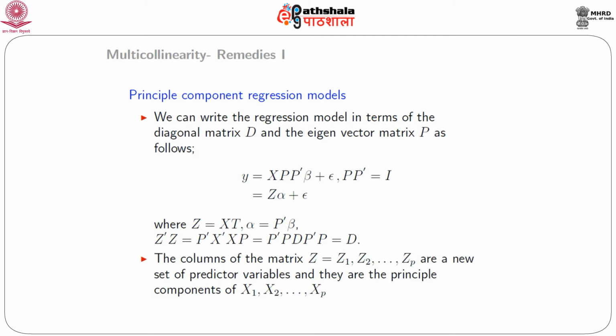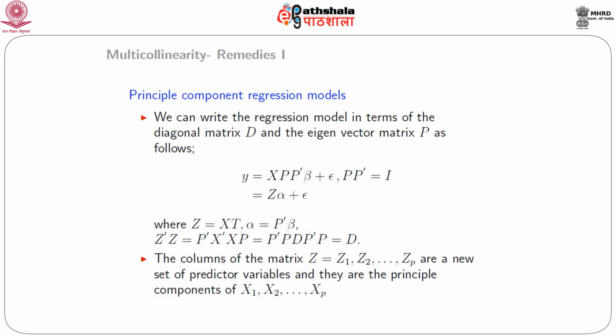As you can see, the matrix z equals x times P is a transformation of our matrix of predictor variables x, and alpha is a vector of regression coefficients, a transformation of the original vector of regression coefficients beta.